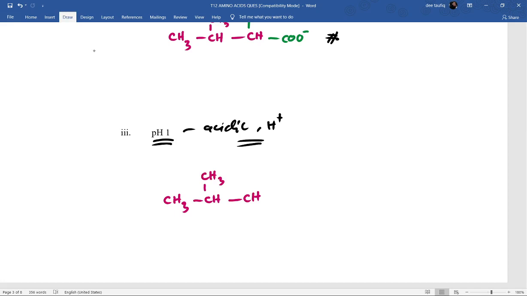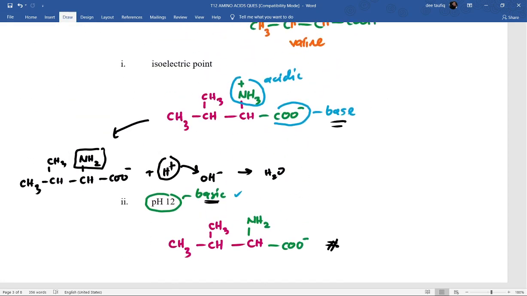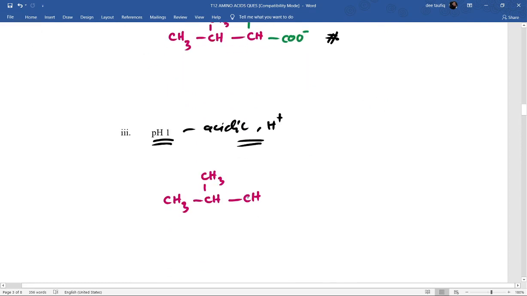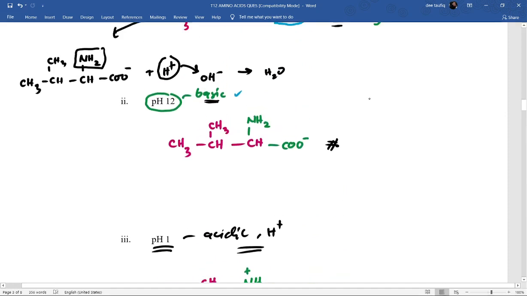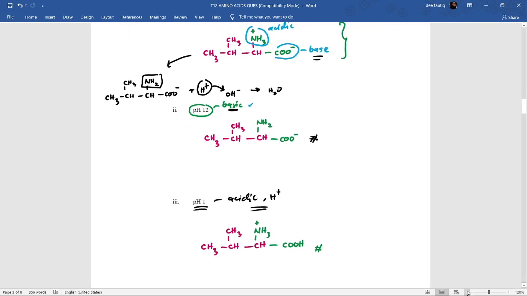Okay. So refer balik pada gambar rajah yang asal, bukan yang pada gambar rajah isoelectric point. So the acidic part tak ubah, so macam lagi NH3. So up here will be NH3 positive, and this part will become COOH. Okay. So refer structure asal, then comparekan dengan yang baru.